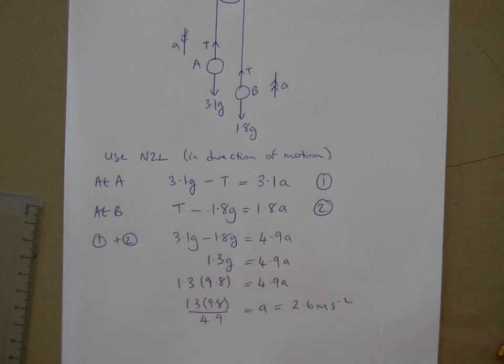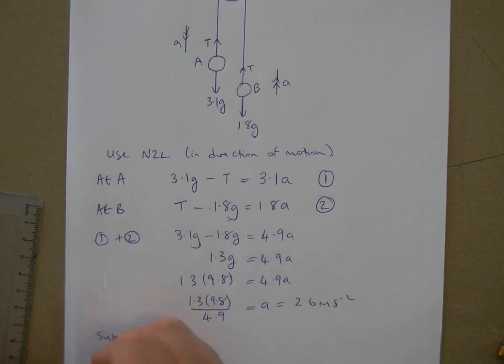All you've got to do then is sub it into one of these equations to work out tension. So I sub into T take away 1.8 times G, which is 9.8, equals 1.8 times the acceleration, which is 2.6.